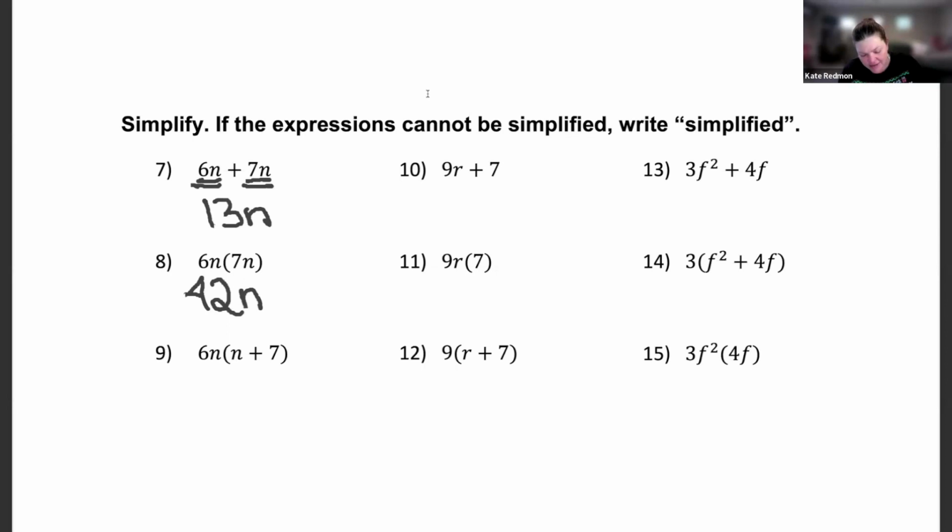So n times n is n squared. So when I'm adding, n's and n's just give me n's. But when I'm multiplying, we have to use exponents to count up the factors. We're going to see those factors of n's growing in the exponents.